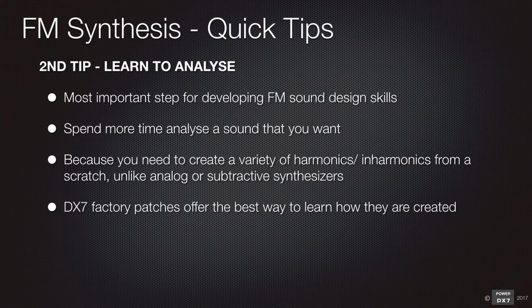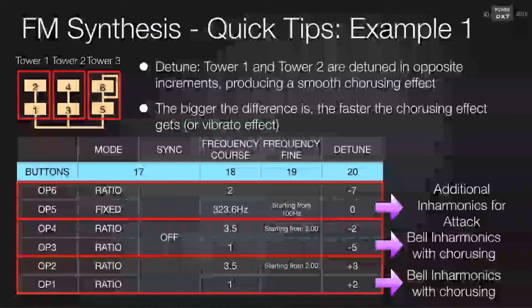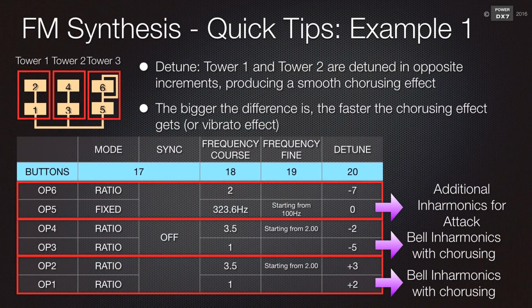Fortunately, my FM synthesis tutorials will show you how this is done properly and cover this critical step in detail. Here are some examples. In the FM sound design tube bells tutorials, I analyze the tube bells patch. Example 1 shows you a table with frequency ratio, fixed and detune.